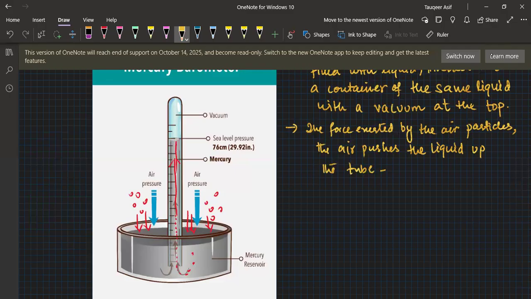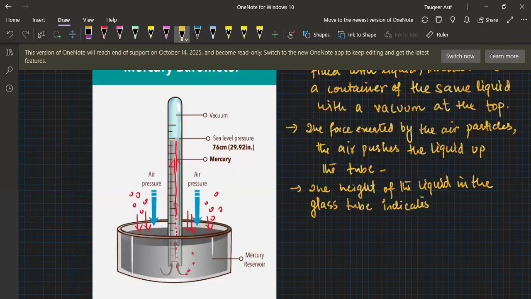Is this clear? So whatever the height is that is covered, the height of the liquid in the glass tube, indicates how much the air pressure or atmospheric pressure is exerted.